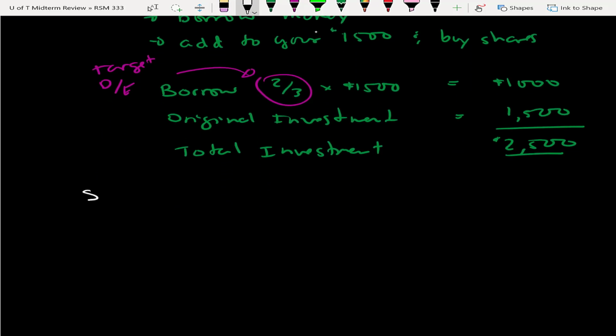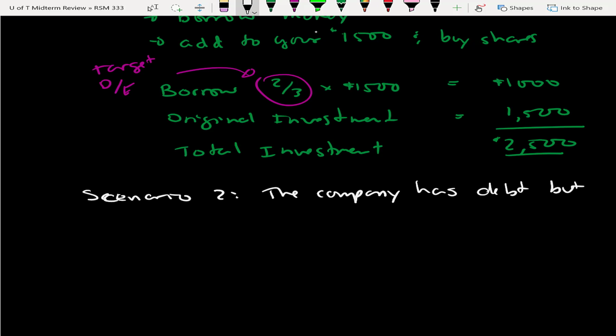Now let's look at the other scenario, which is a little less intuitive. In this case, the company has debt. But you wish they didn't. So you are more conservative.